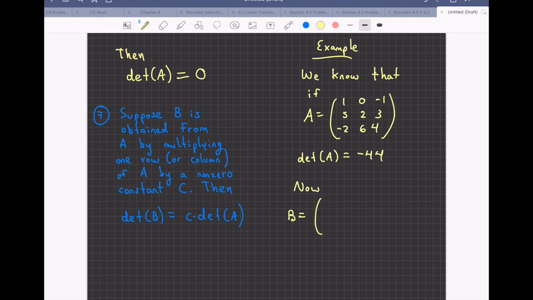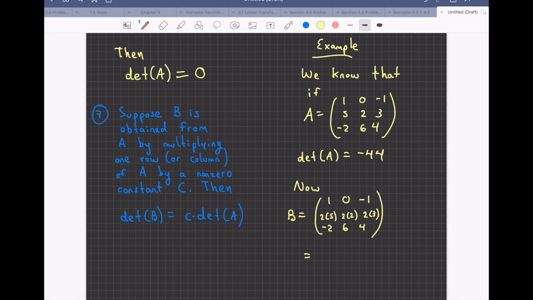that is going to be the same as the matrix A, 1, 0, negative 1. But now I'm going to multiply the row 2 by 2. So it's going to be 2 times 5, 2 times 2, and 2 times 3. The rest the same. I want you to see the multiplication times 2, times 2, times 2.